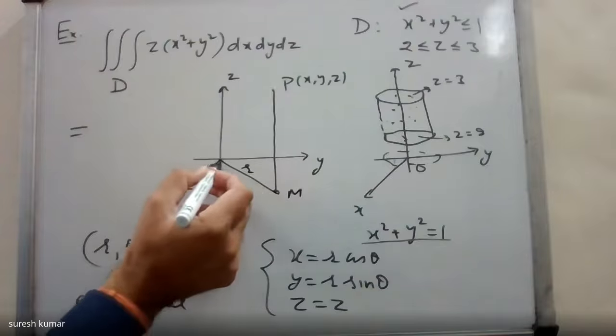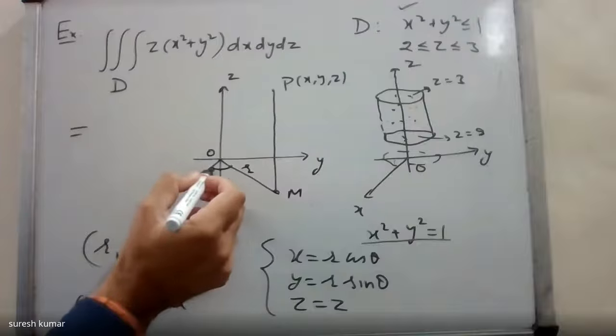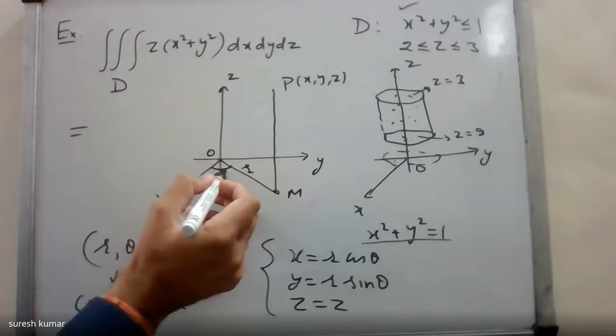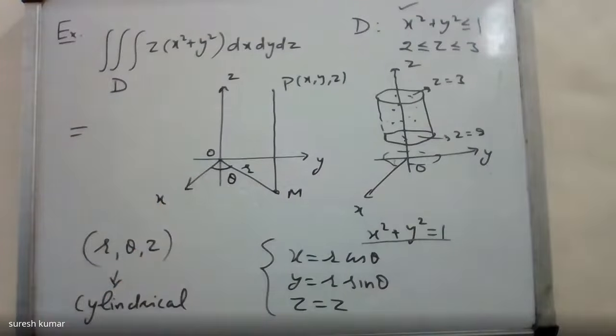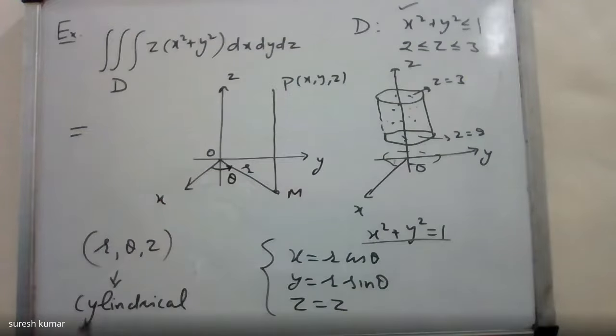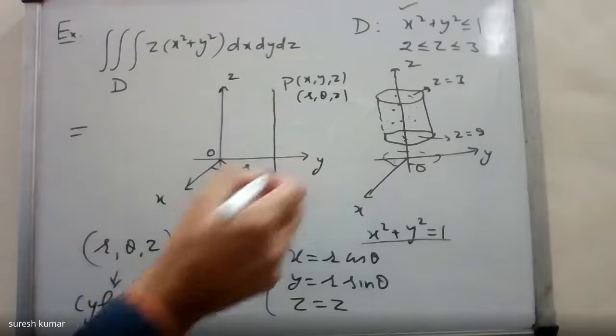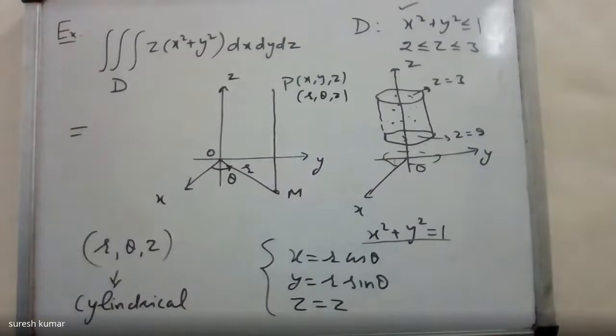Say this distance from the origin to the foot of the perpendicular is r. The angle of OM with the positive x-axis is theta. Then r theta z define the cylindrical coordinates of the point P.